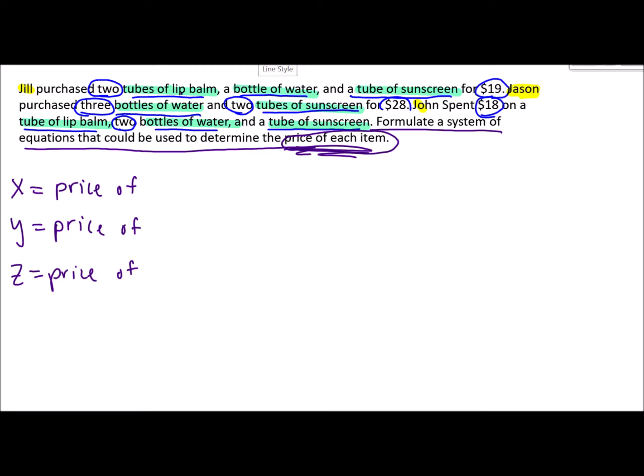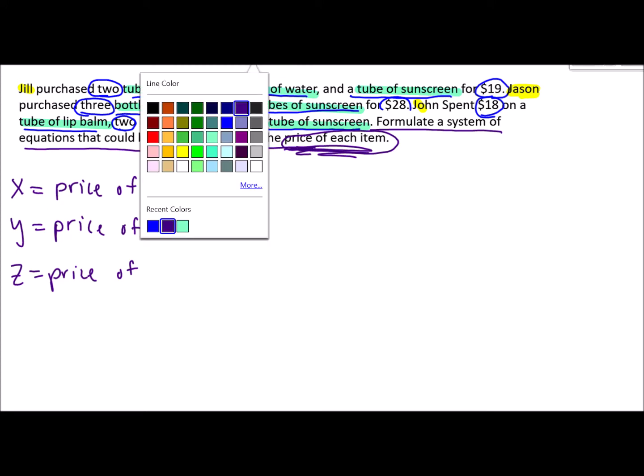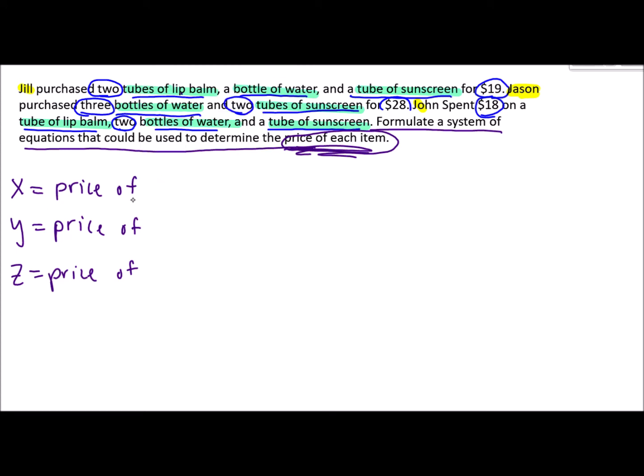So we are talking about prices of lip balm, a tube of sunscreen, and then a bottle of water. I'll just put sunscreen here, save some room.